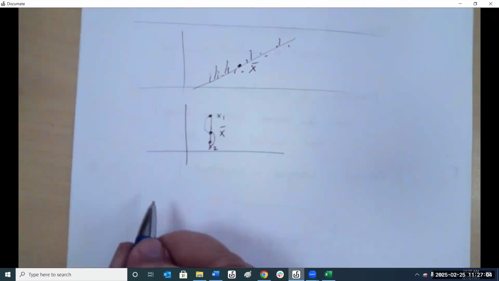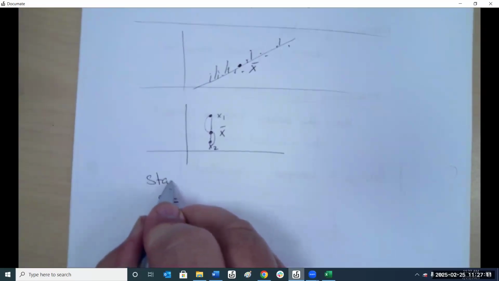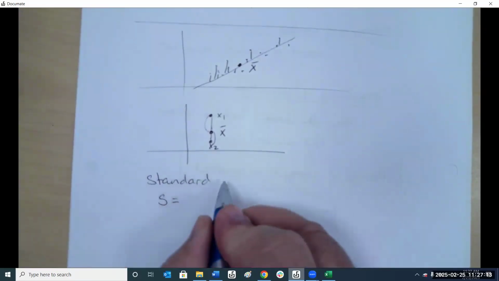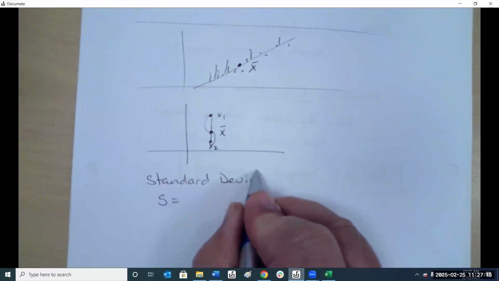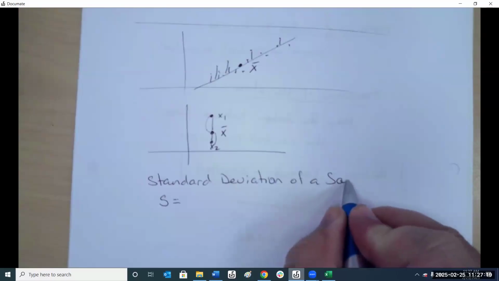So for the standard deviation, we're going to use the letter S. This is the standard deviation of a sample.